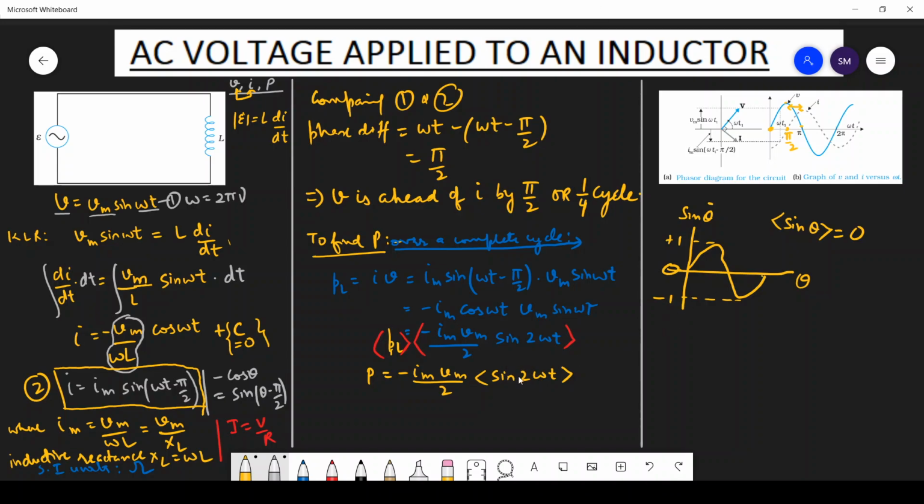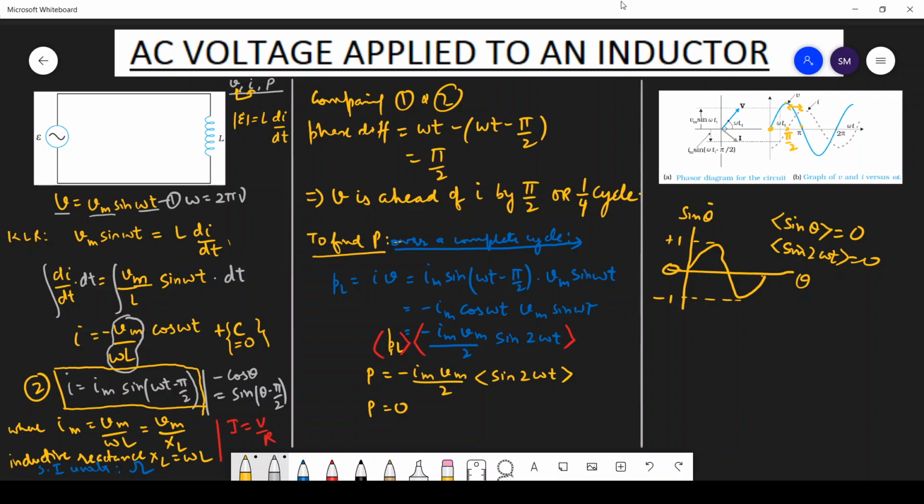So the average of sine 2 omega t will also be 0. Sine of any angle, taking average of it, will be 0. So if this is 0, then 0 multiplied by anything is 0. So the power consumed over a cycle by the inductor is 0.